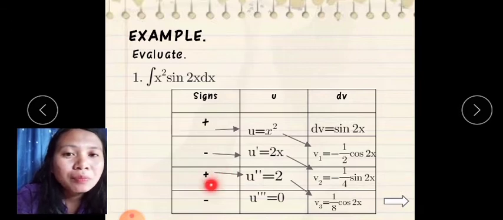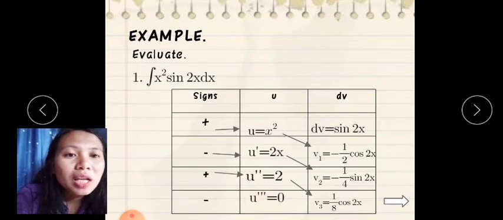Now, ang ikatulo nga sign is positive, and ato na ang i-derivative ang u prime. So the second derivative is equal to 2. And the second integration is equal to negative 1/4 sine 2x. Ang ikaupat nga sign ibutang nato is negative.